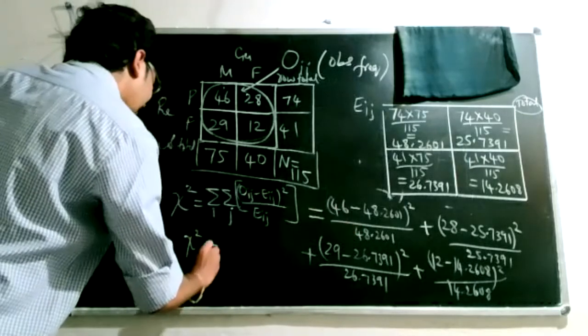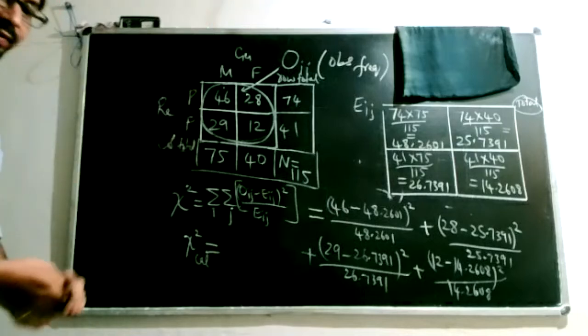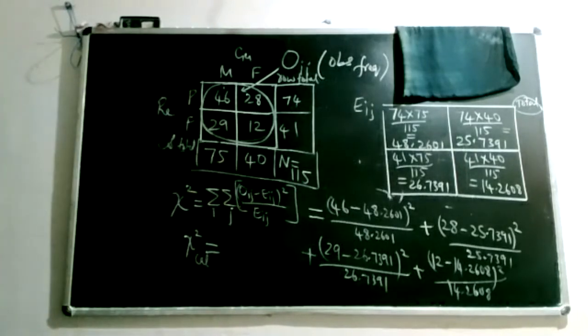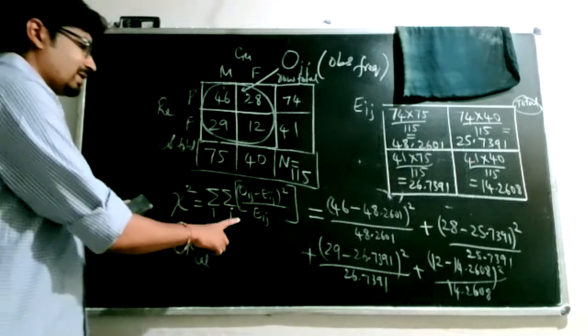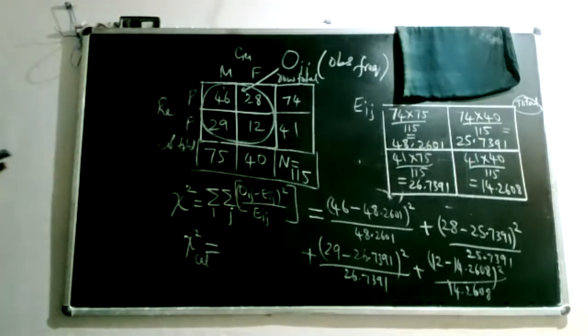We call that the observed value or the calculated value of the test statistic. So I said the procedure is a bit lengthy, but it is very easy. Very few formulas to be remembered. Only formula is the test statistic and how you compute EIJ. EIJ is its row total into its column total divided by grand total.